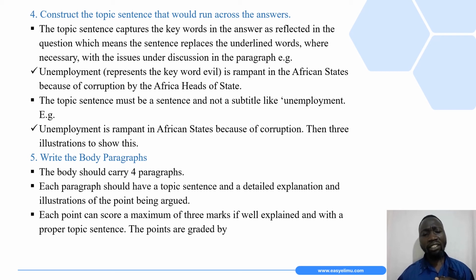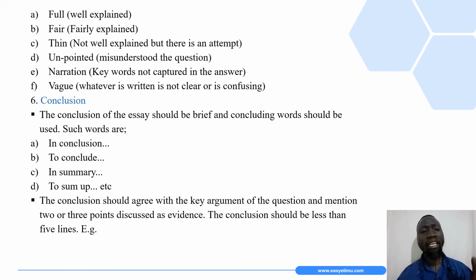So in most cases, the points are normally graded as full, fair, thin, unpointed, narration, vague, and we normally have this other one that is TE. So full is when a paragraph is well explained. That is, your body paragraph is well explained.